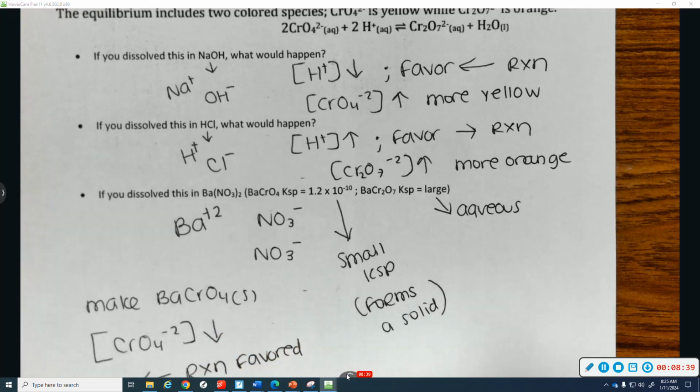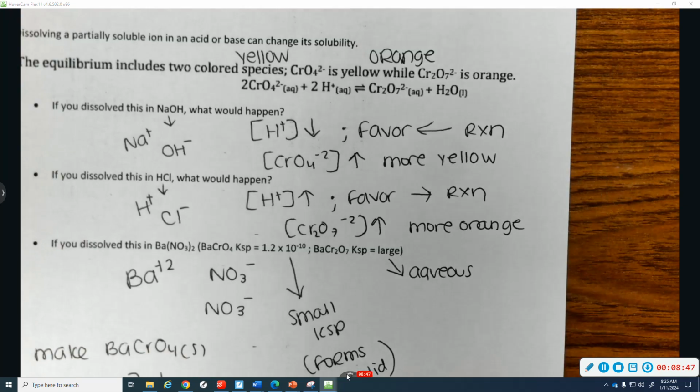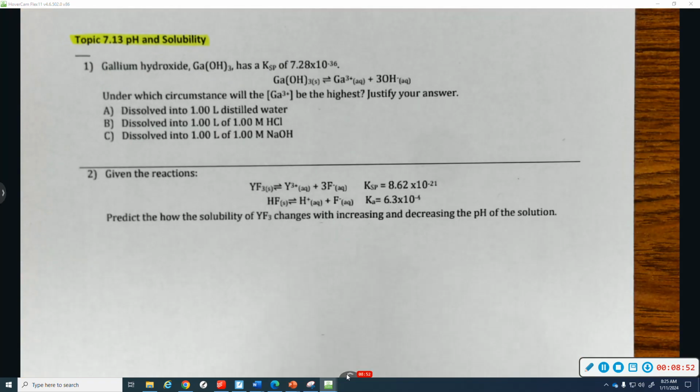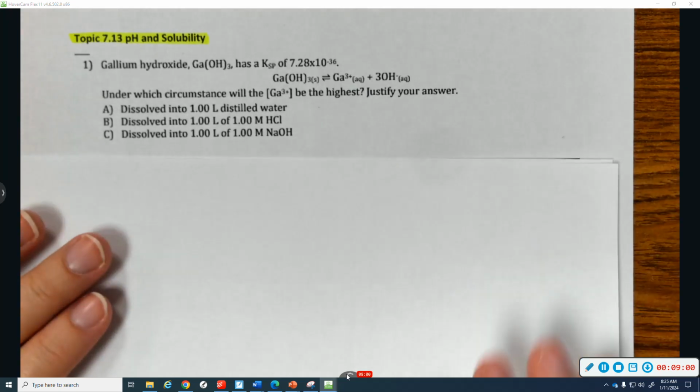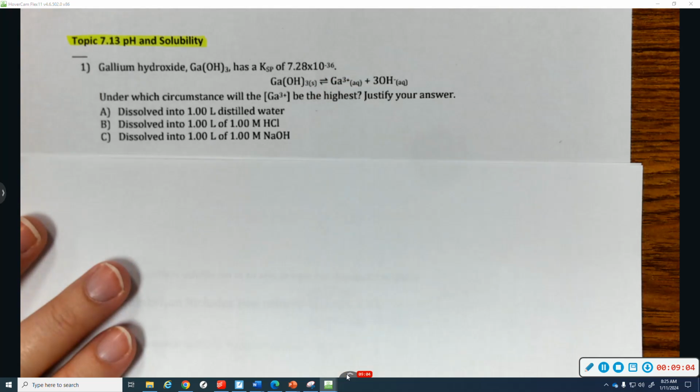Let's look at a few more examples of how pH can affect solubility. If you're in my class, this is in your practice packet. So gallium hydroxide has a KSP of 7.28 × 10 to the negative 36. That is really small, which means very, very little will dissolve.